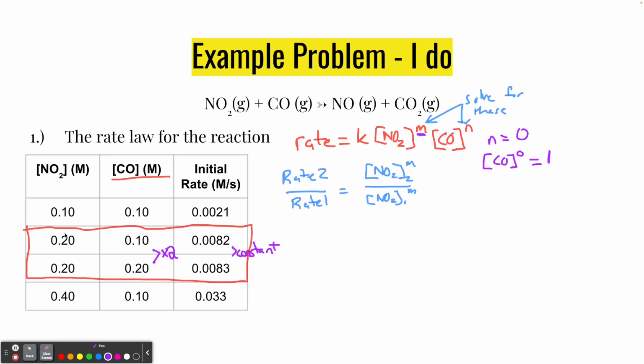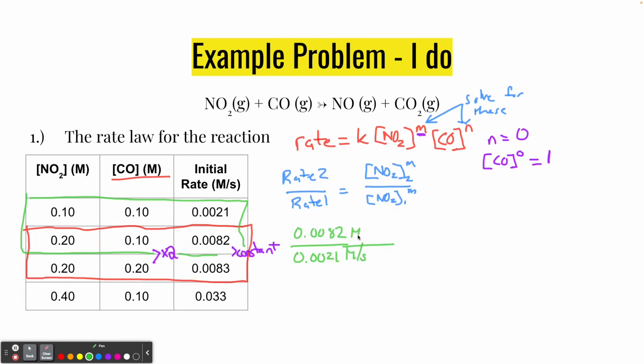So since I'm finding exponent M right now, I'm going to look at trials 1 and 2, because that's where the concentration of carbon monoxide is being held constant. Okay, so let's do that, trial 1 and trial 2, so we can find the order of NO2. So when I do this, we're going to do 0.0082 divided by 0.0021. This is molar seconds.